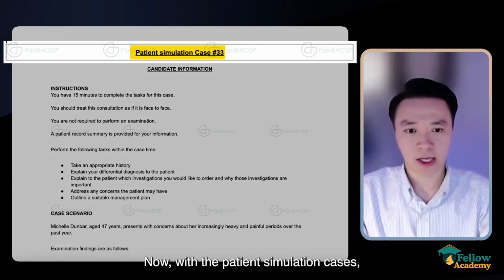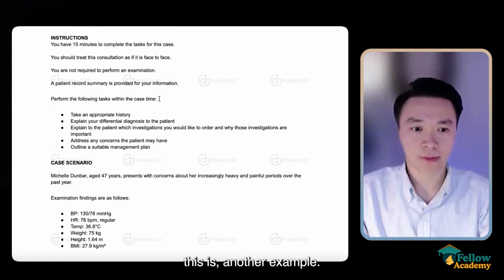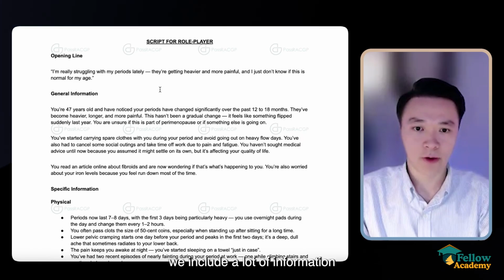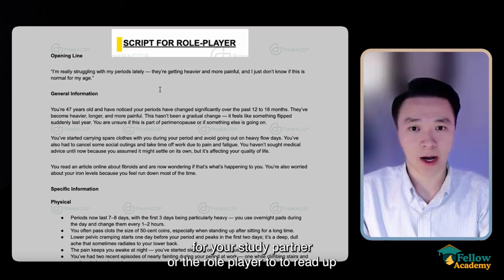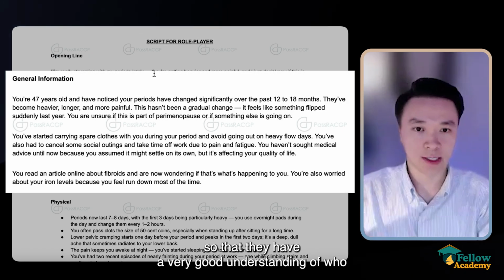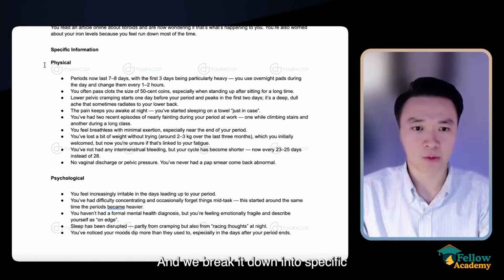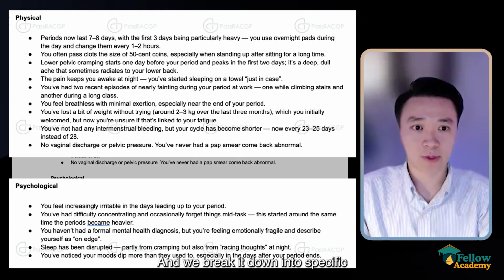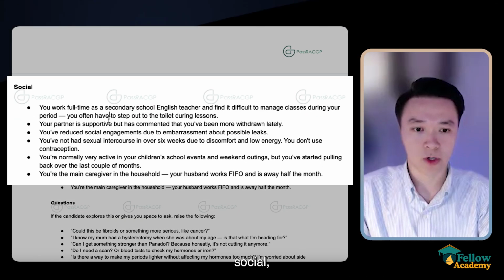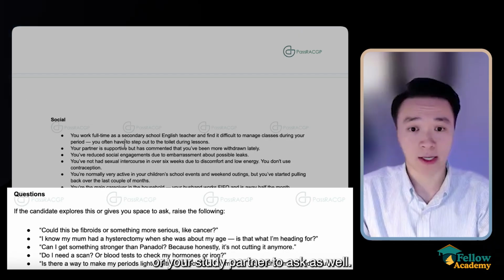Now with the patient simulation cases, this is another example. As you can see here, we include a lot of information for your study partner or the role player to read up, so that they have a very good understanding of who this patient is, what they're presenting with, and we break it down into specific information: physical, psychological, social, and questions for the candidate or your study partner to ask as well.